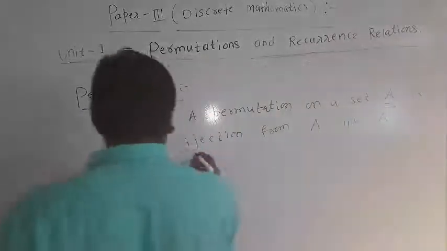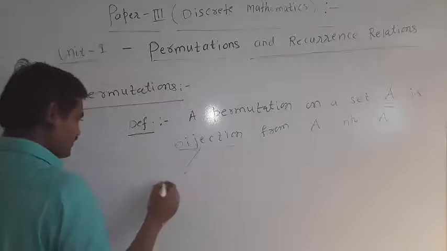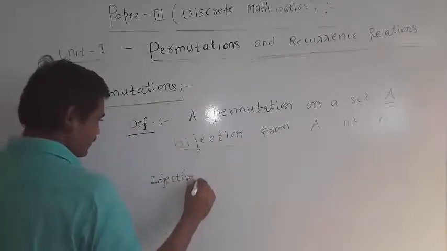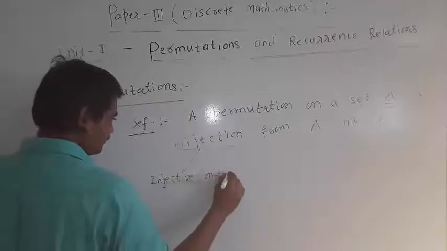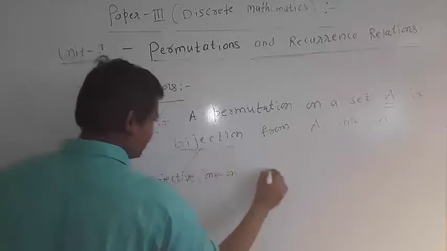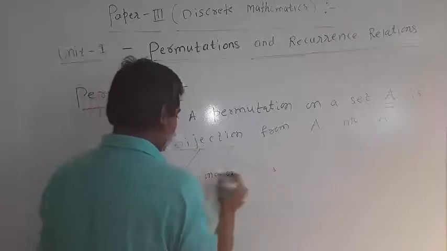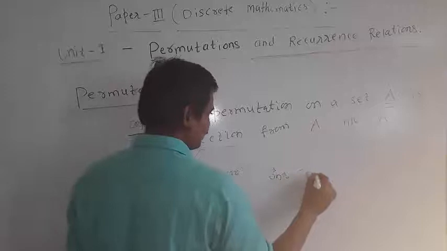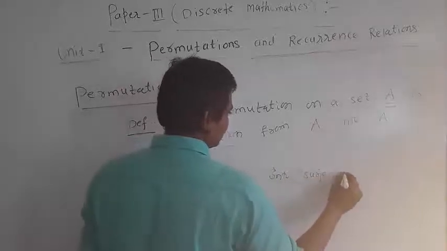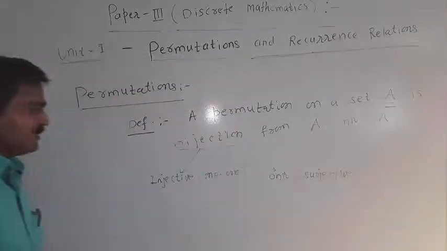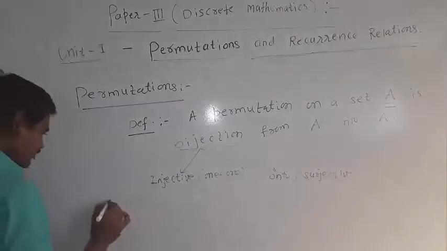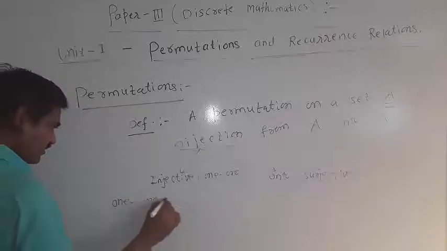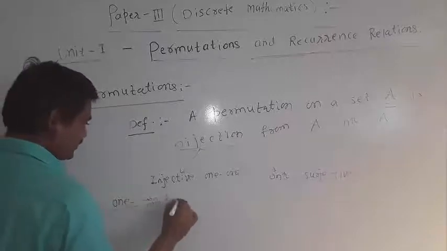Bijective function means that it is injective, injective means one-to-one function, and onto, which means surjective. One-to-one function means injective function.